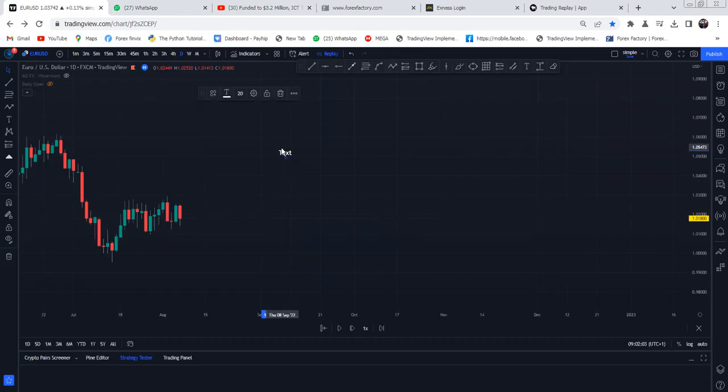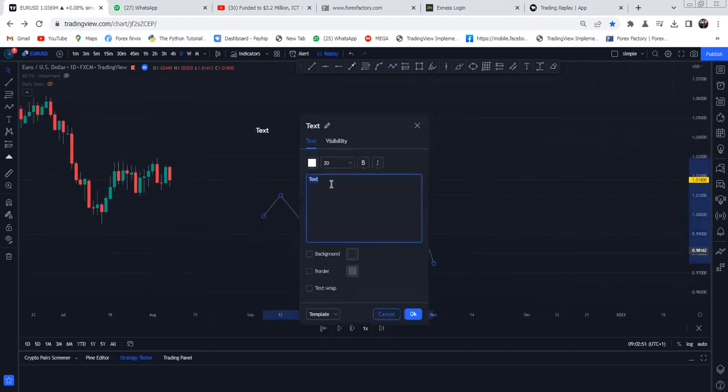Let me type it here. You have something like this: accumulation, then we have manipulation, we have distribution, and then optimal trade entry, enter your trade.